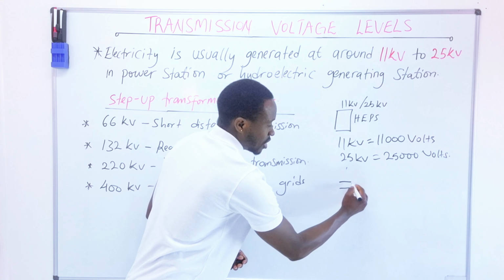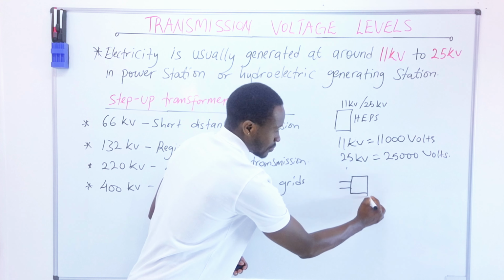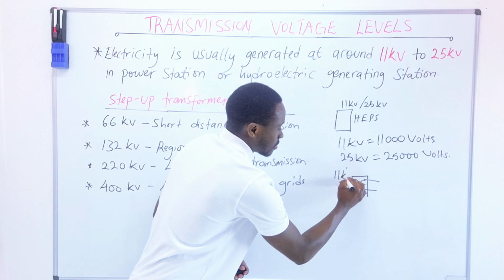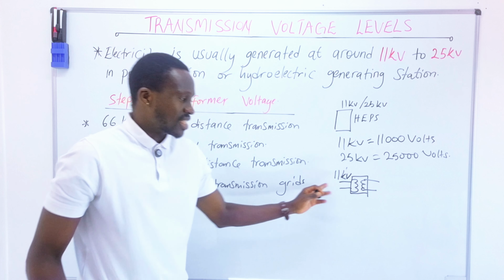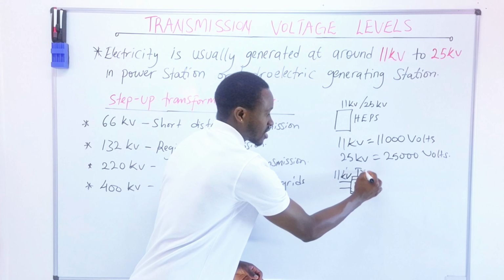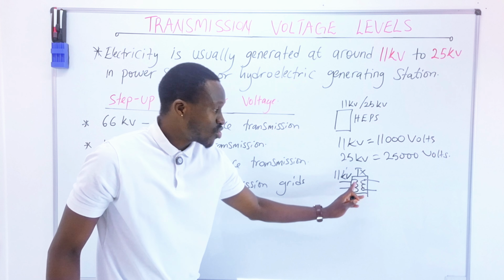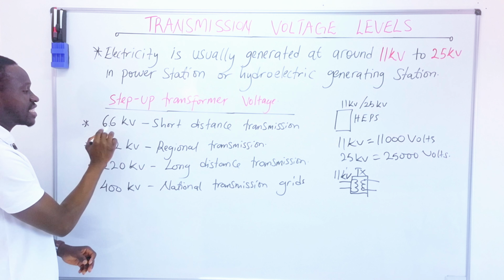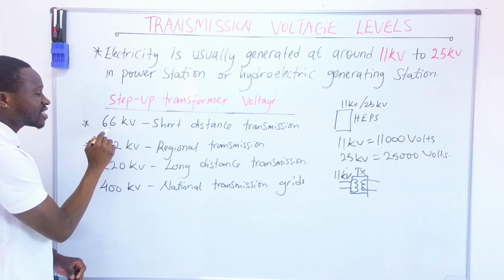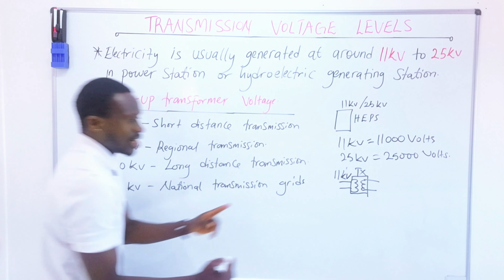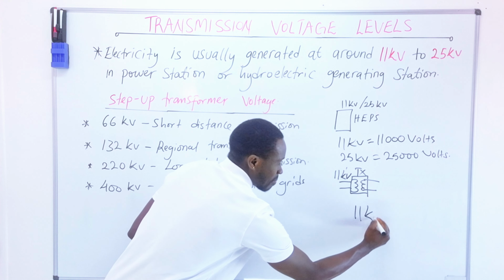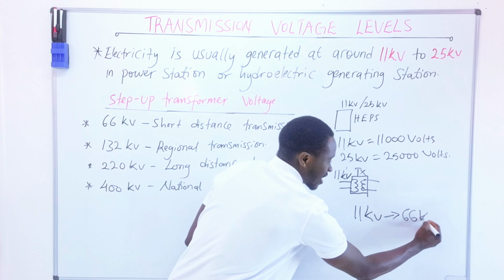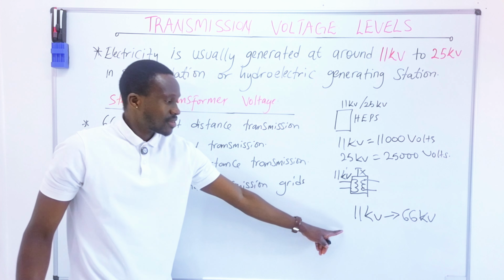Once the 11K volts has entered the transformer, this is a TX, which stands for transformer. Now the transformer will step up the voltage to 66 kilovolts, that is 66,000 volts. Now it is 11K volts. It has stepped up to 66K. You see the difference?